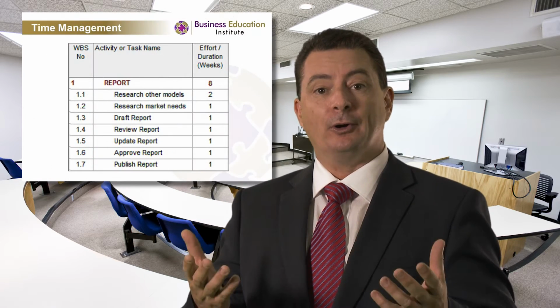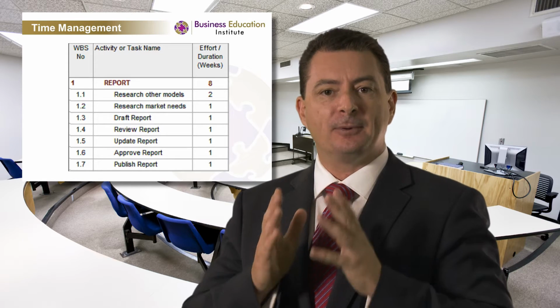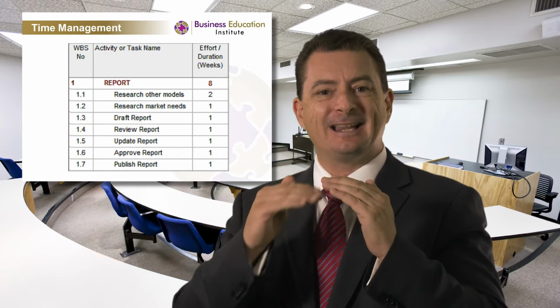The second one we're going to look at is going towards time, but I want to talk about the work breakdown structure in more detail. Because in time management, this is where we have to work out each of the tasks that are involved, then to start working out how long they take. Now, the work breakdown structure example would be a report. You've already defined what the report is and what it's going to include. Now we've got to look at the process scope that defines exactly what is in it.